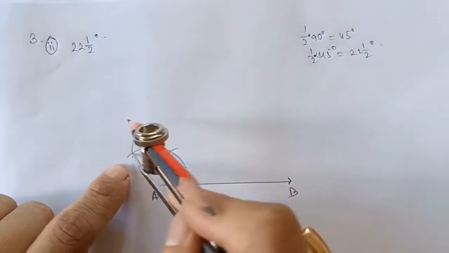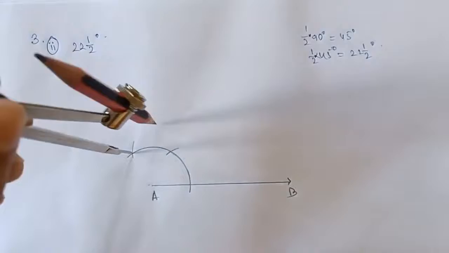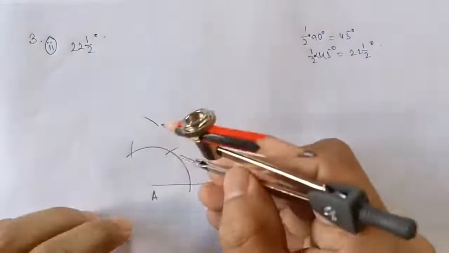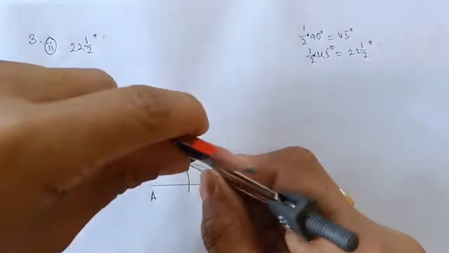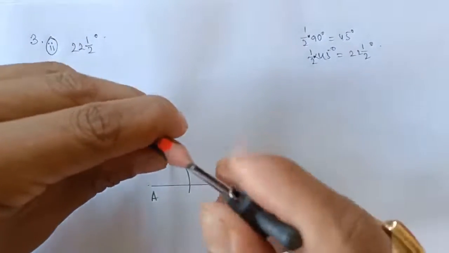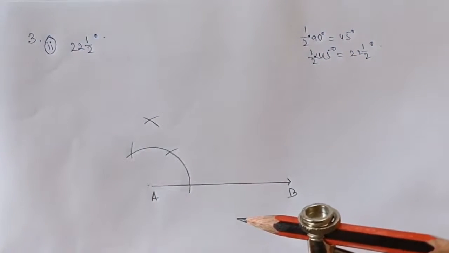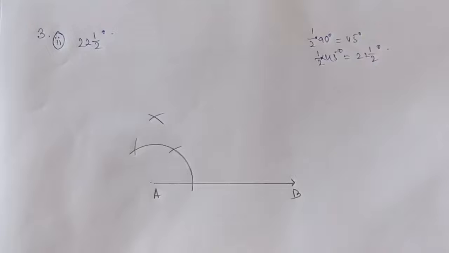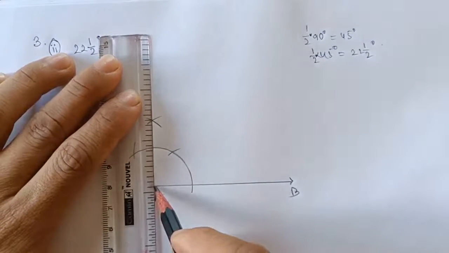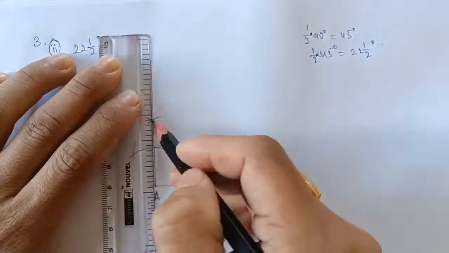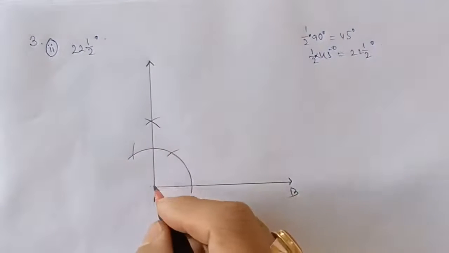Then with center at this point, we draw an arc intersecting the previous arc. Let us draw a ray passing through this point and A. So this will measure 90 degrees.